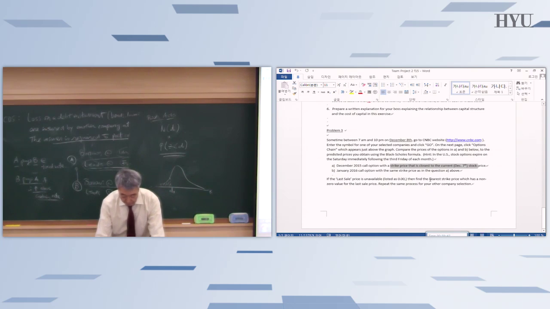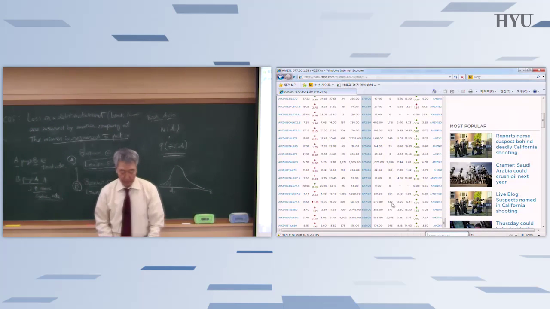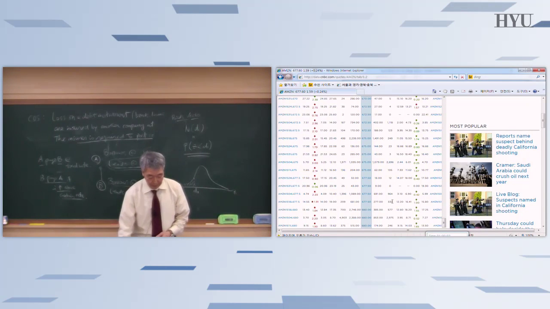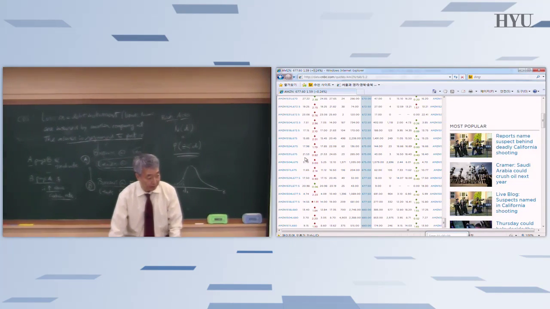Well, if you select a pretty popular, widely traded company like Amazon, and you get to the stock strike price close to the current price, then you'll probably see the actual last price.